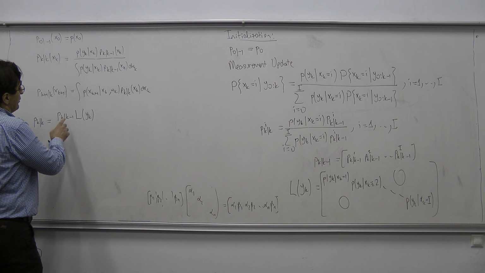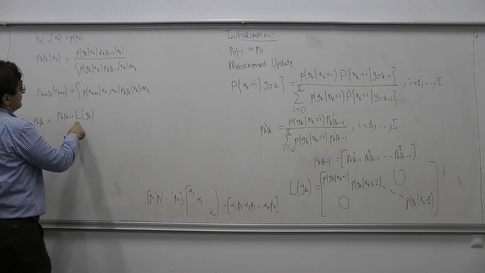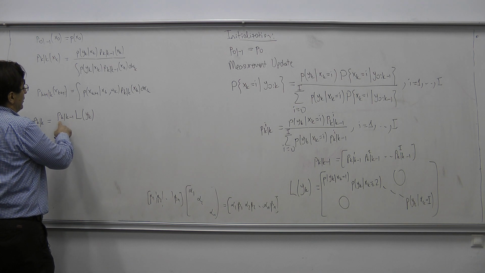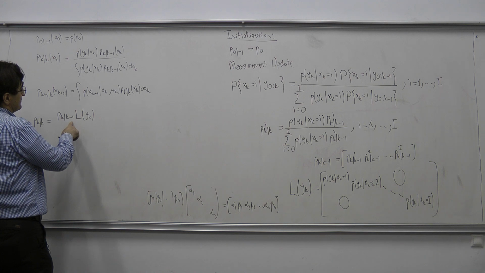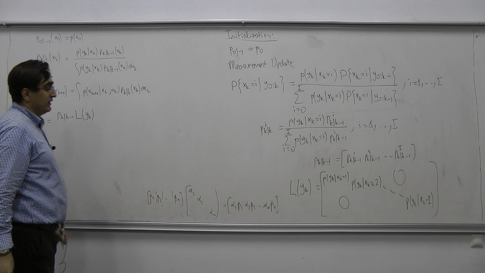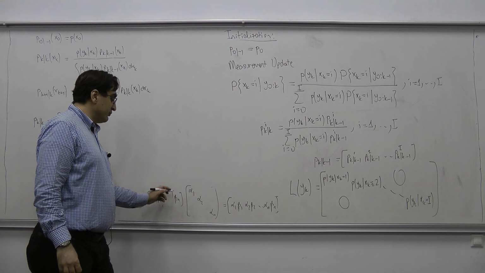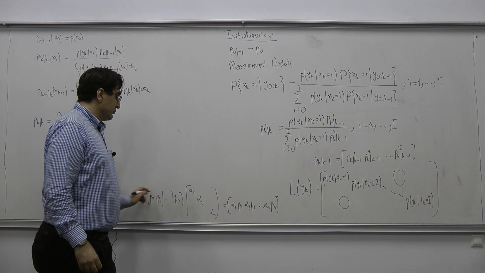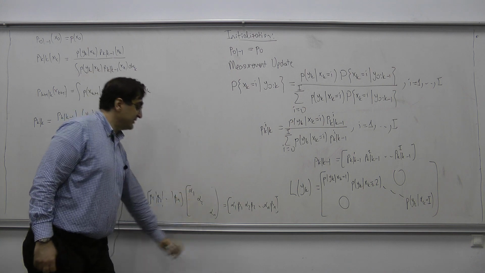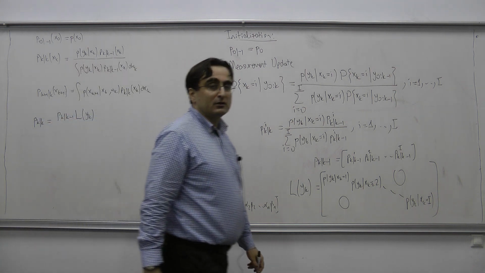And I know that when I multiply this vector with this diagonal matrix, the elements of this vector are going to be weighted with the diagonal elements, just like this. If this was a matrix, then the columns of the matrix here would be weighted by the diagonal elements.